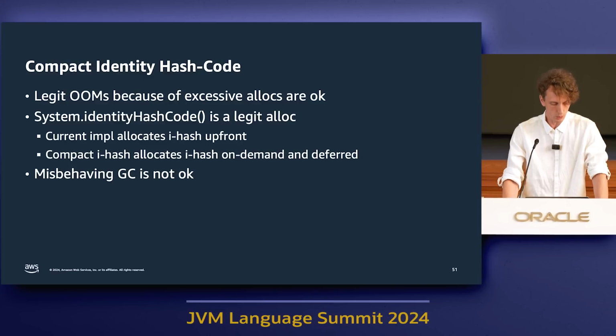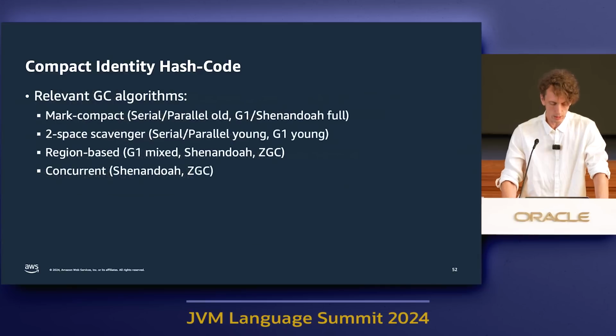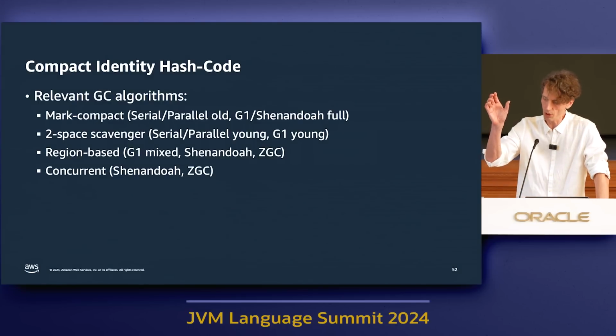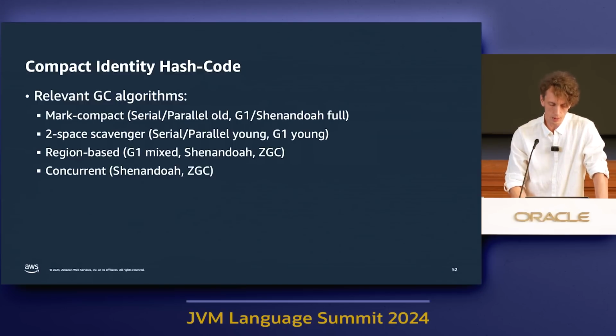What's not okay and what we need to handle is misbehaving GC. There must be ways to avoid misbehaving GCs. So I want to give a very short overview about the different basic GC algorithms and why I think this is okay. We have basically 4 different cases. We have a mark-compact GC, which is basically a sliding GC that moves objects in place.